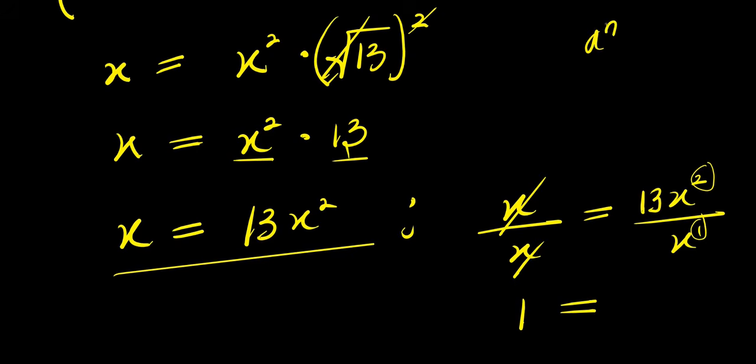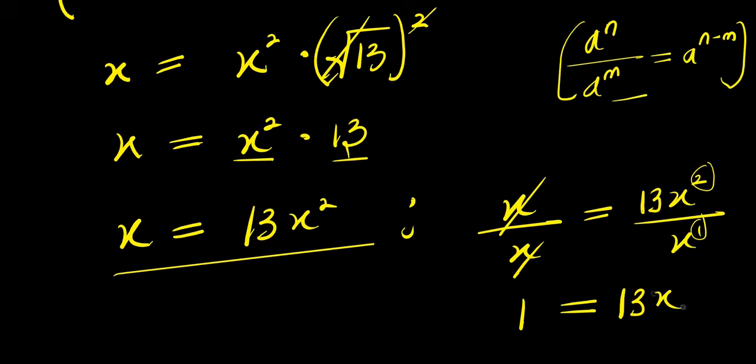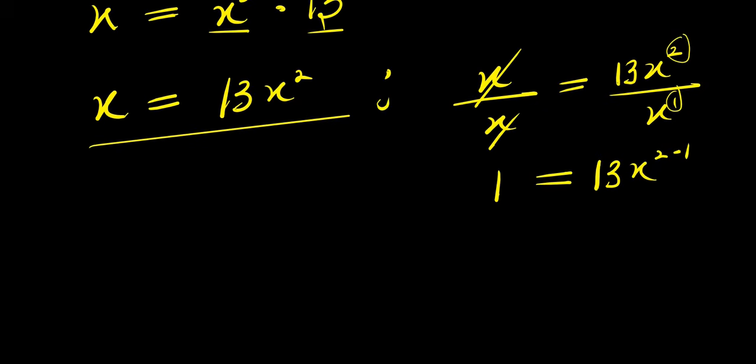You have a to the power n divided by a to the power n equals a to the power n minus n. So if you have this, that means we subtract the exponent, we have 13x to the power 2 minus 1. And from here we have 1 equals 13x.